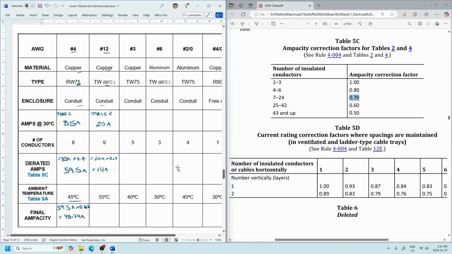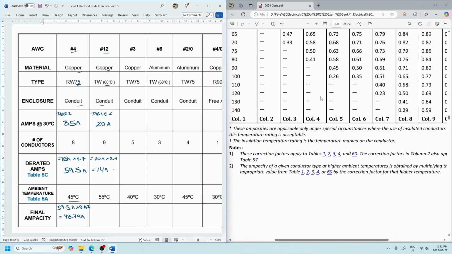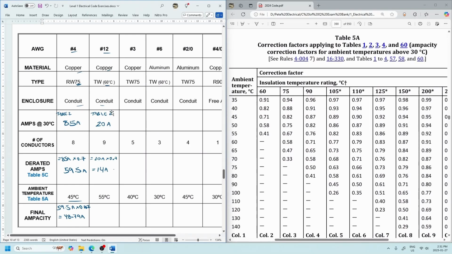Okay, not only do we have 9 conductors in the pipe, but we have an ambient temperature of 55 degrees, so we have to go to table 5A. In table 5A, we're in the 60-degree column right here. Our ambient temperature is 55, so that's going to give us a multiplier of 0.41.